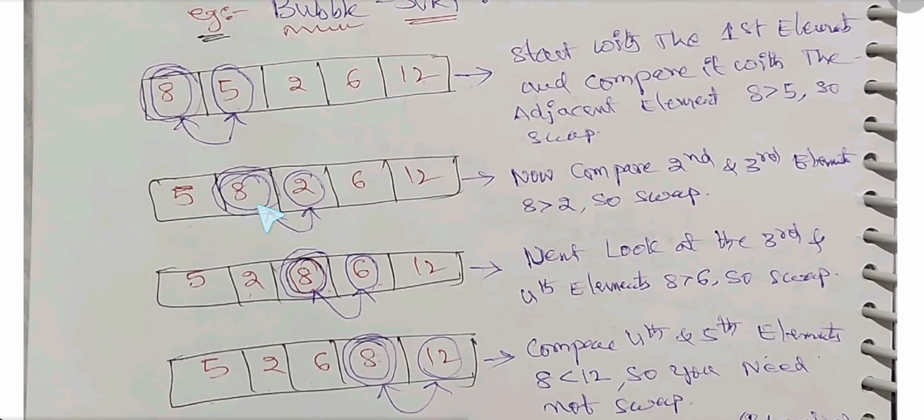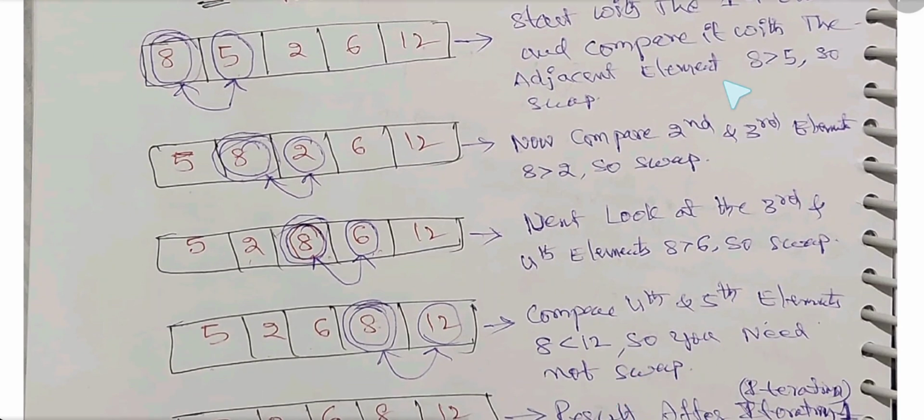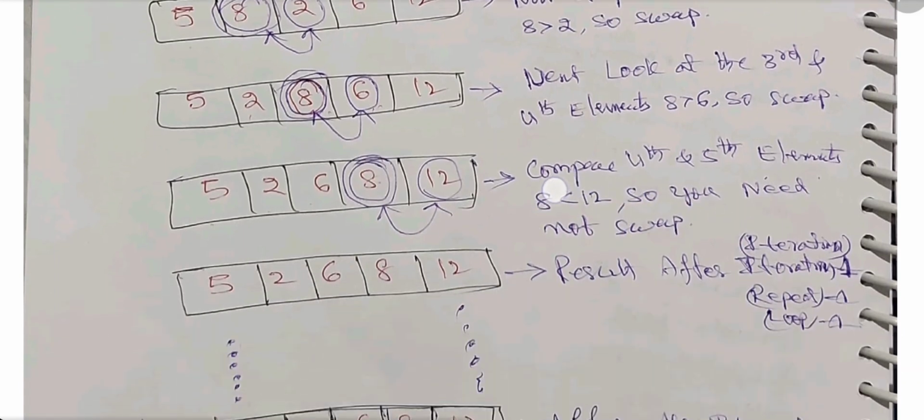5, 8, 2. Now 8 and 2 are compared, and they will be swapped again. And 8 and 6 are compared, 6 is swapped with 8, and 8 goes to the fourth place. And 8 and 12 are compared. 8 is smaller than 12, so it will stay as it is. Compare the 4th and 5th elements. 8 is less than 12, so you need not swap, because that is already in order.